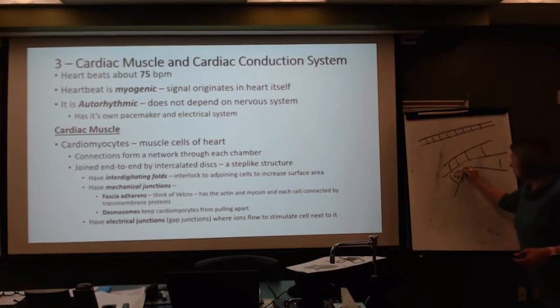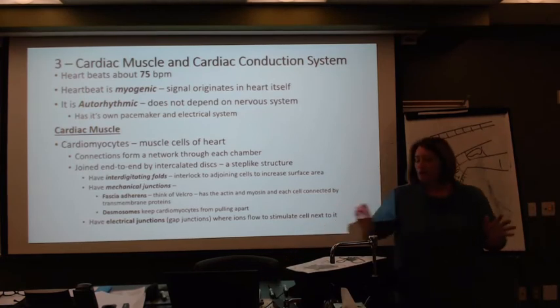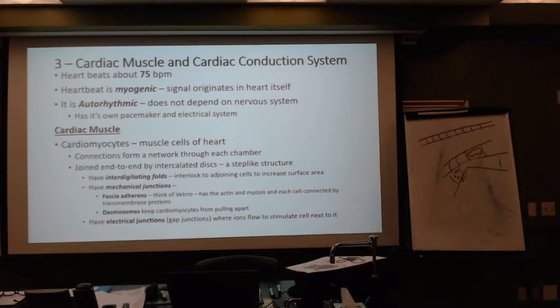Meaning it's got one great big huge nucleus, and then those mitochondria, woo, they're huge, because this is an organ that's working 24/7. So 1 cell is a cardiomyocyte. So this heart is made up of these individual cells.